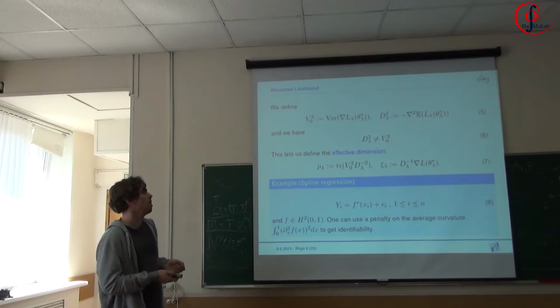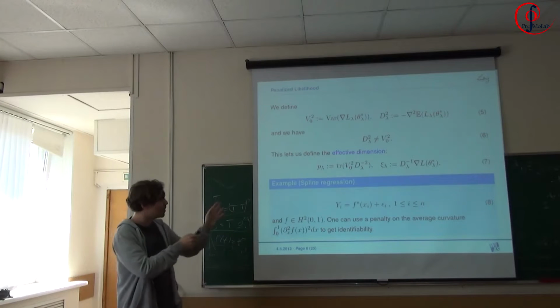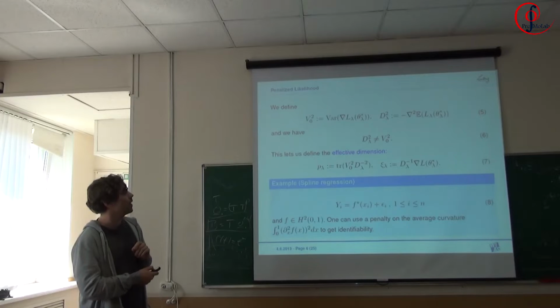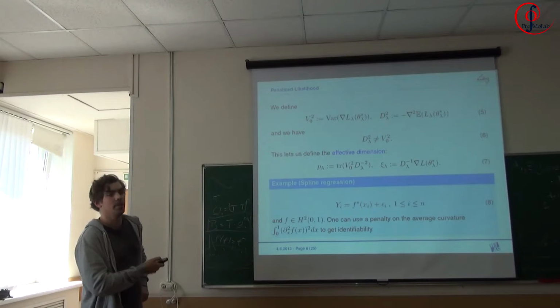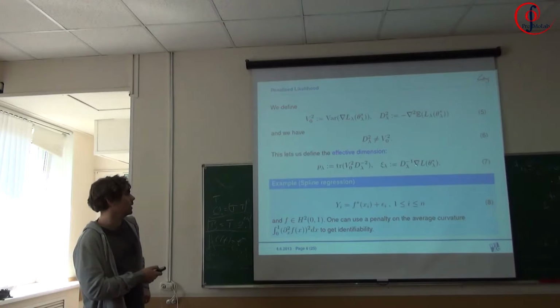And this lets us define, again in concordance, it's not exactly the same, but in our setup, we also have our effective dimension, which is really close to Peter's. It's a trace of b0 squared times b minus 2 lambda, which would be just the dimension of this parameter space P if these two would be the same, of course. And psi lambda is the normalized score, normalized by the square root of the Fisher.